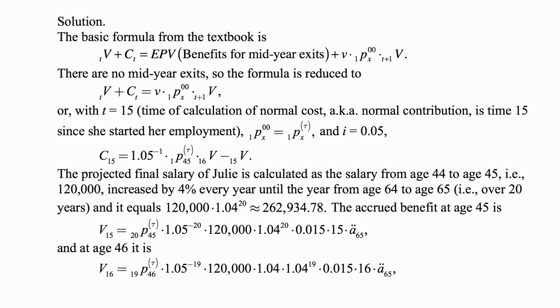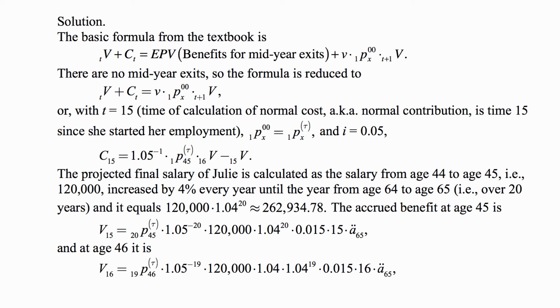The projected final salary of Julie is calculated as the salary from age 44 to 45, giving us 120,000, increased by 4% every year until the year from age 64 to 65, so over 20 years, and it equals 120,000 times 1.04 to the 20th, and that's approximately 262,934.78.